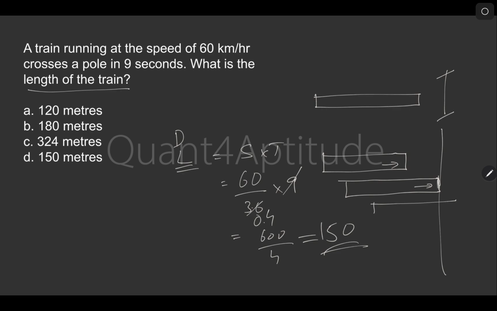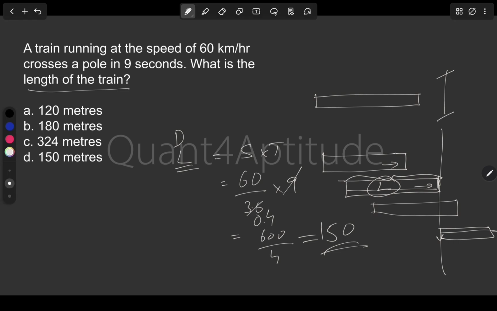Then it continues till the entire train has traversed the pole and the far end of the train is aligned with the pole. So the distance traveled from here to this is nothing but the length of the train itself. For a train to cross over the pole, the distance it has to travel is exactly the length of the train. That is what this question is all about.